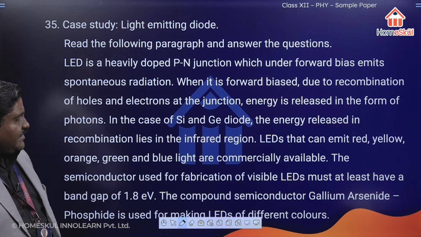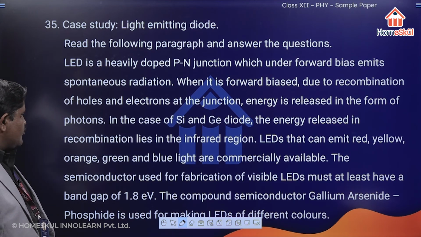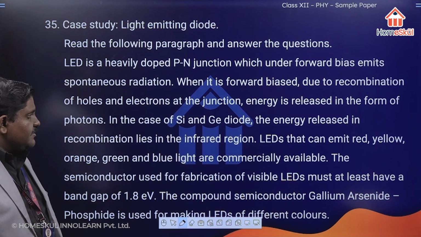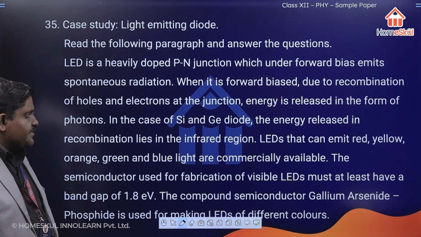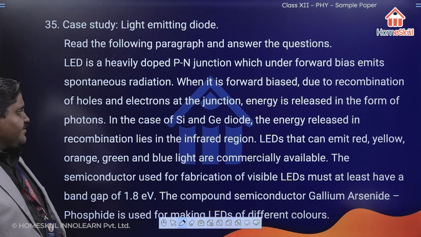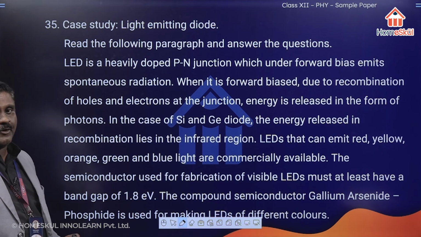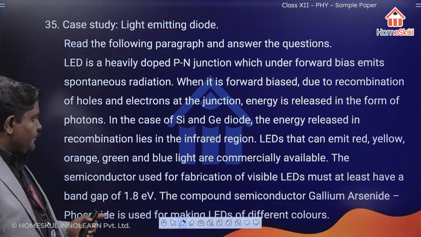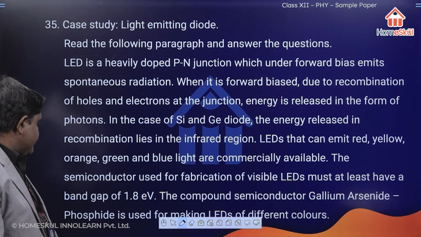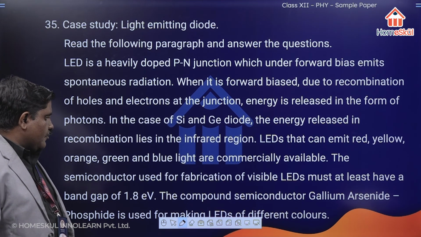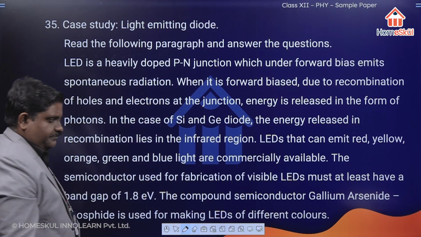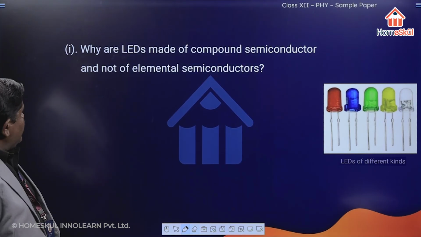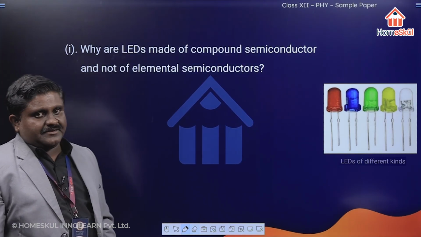LEDs that can emit red, yellow, orange, green, and blue light are commercially available. The semiconductor used for fabrication of visible LEDs must at least have a band gap of 1.8 electron volt. The compound semiconductor gallium arsenide phosphide is used for making LEDs of different colors and different kinds.